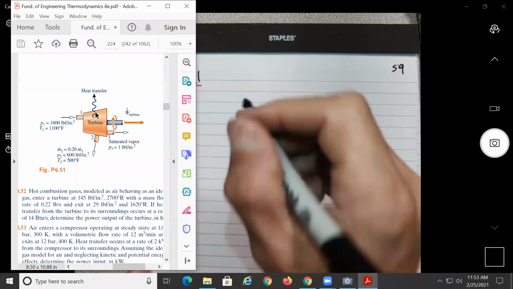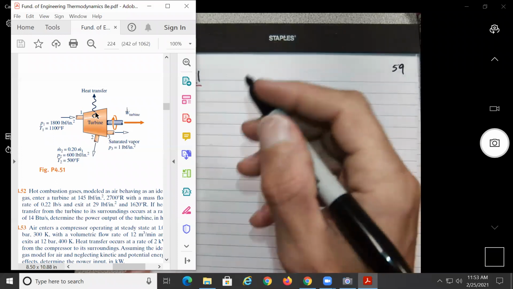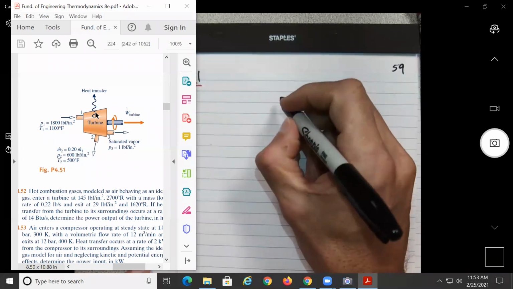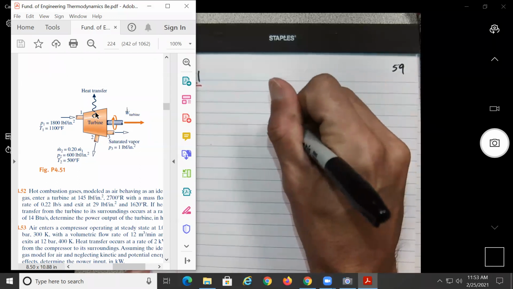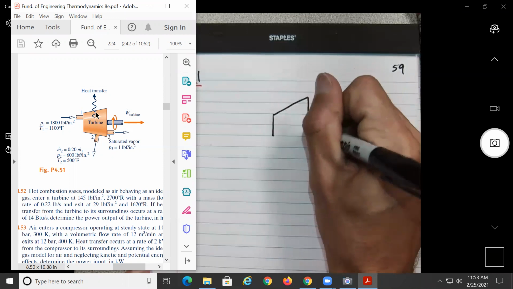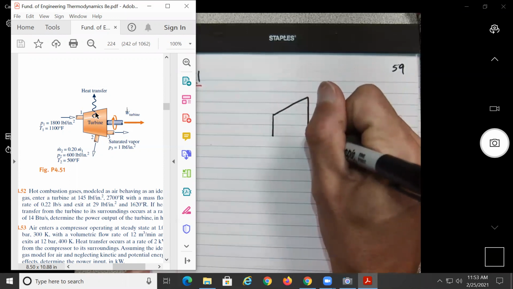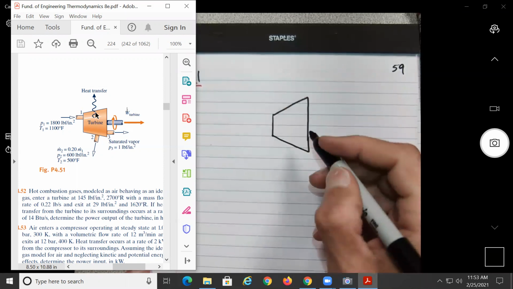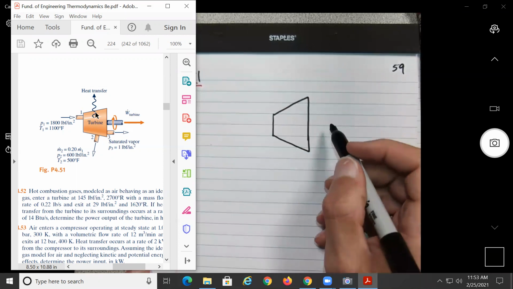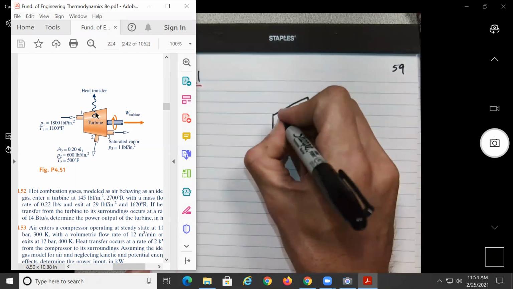So let's see, we have a turbine. You don't have to do the correct shape for the turbine. You can do a square and just say it's a turbine. But generally, this is the symbol for the turbine. So basically what you do, instead of compress, you expand. Okay, that's basically the idea. So turbine.